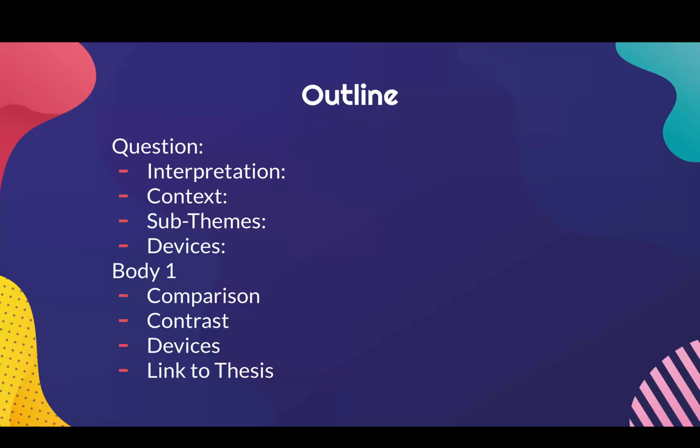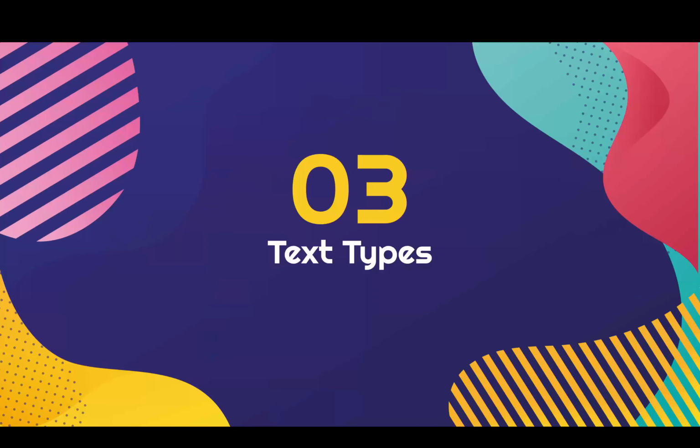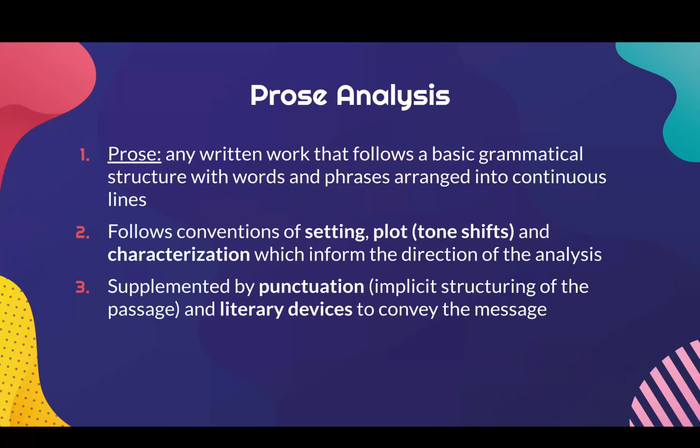Okay, so I'm going to talk a little bit more about text types, and this is just a bunch of conventions that you can maybe talk about when you're talking about essays, and they're very basic. So first thing is prose. Prose is basically any long written work. So short stories, an essay, a book, basically.